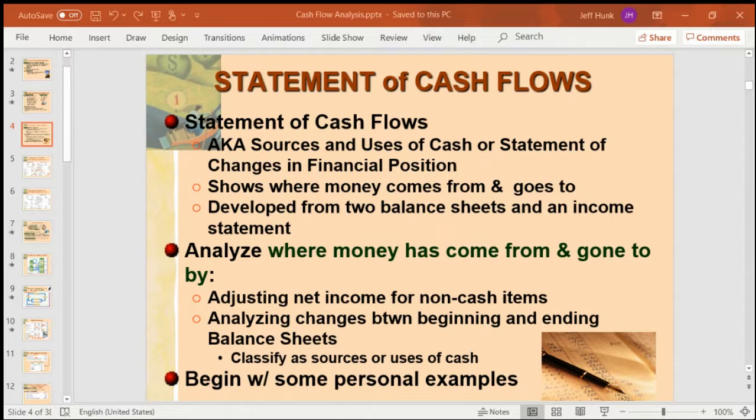Now, anyway, even in horizontal analysis, you needed two balance sheets and one income statement. Remember that? Because it's inevitable, because you are dealing with change of all these line items over time. So you need an income statement, a balance sheet at time zero, and a balance sheet at time one, right?